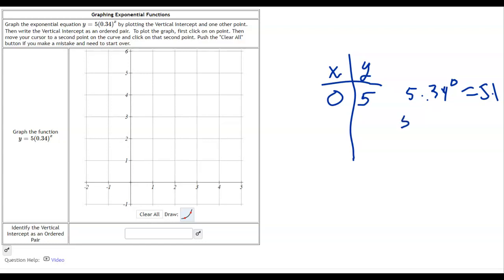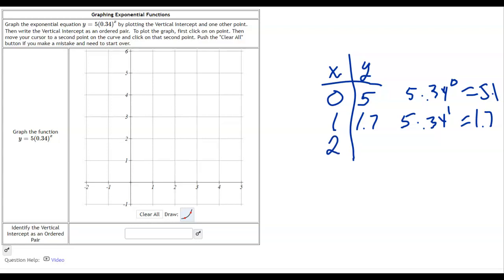And then if we do 5 times 0.34 to the first power, I'll just go 5 times 0.34, obviously. That is 1.7. So 1 and 1.7. And then I'll do it to the second power.